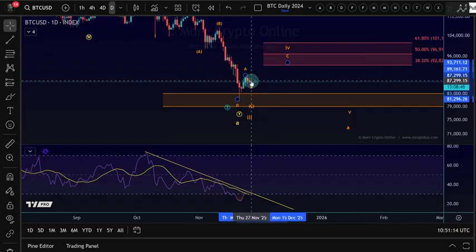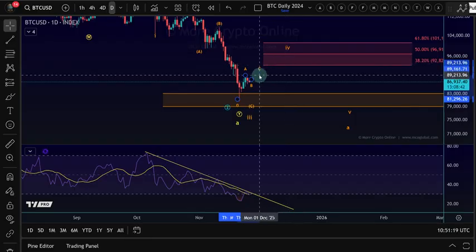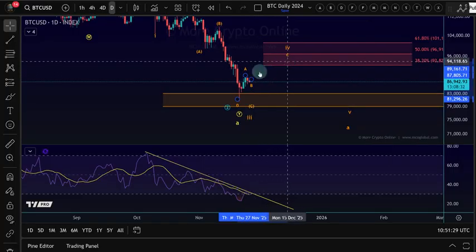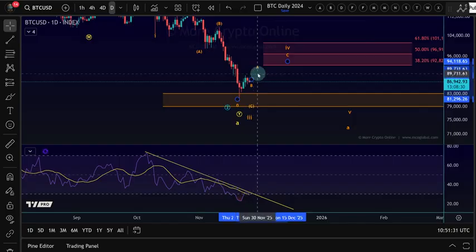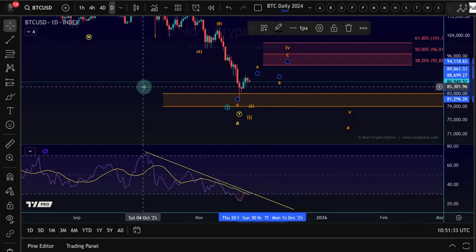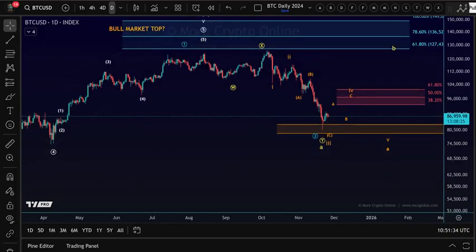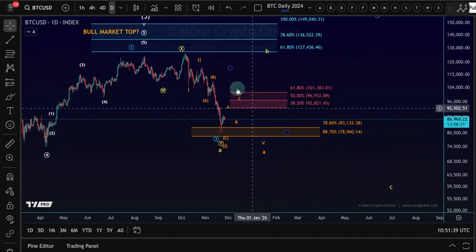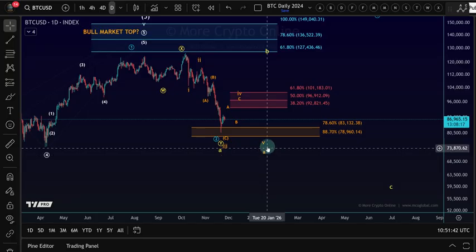Now we're currently tracking a small B wave pullback on the smaller time frame, and it might be the case that this ABC that I'm tracking here is only going to be the A wave of the wave 4. I haven't labeled it like that. We keep it rather simple on this time frame, but please be aware that this is a possibility. It could easily max out this resistance area. This is the standard zone for a wave 4 if the move to the downside is a diagonal pattern.